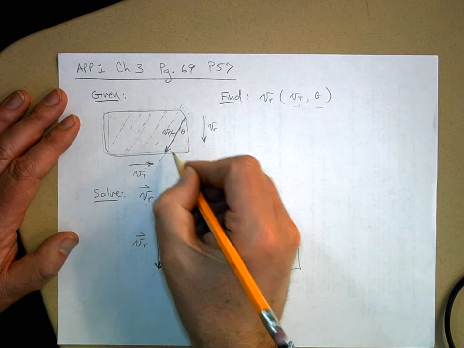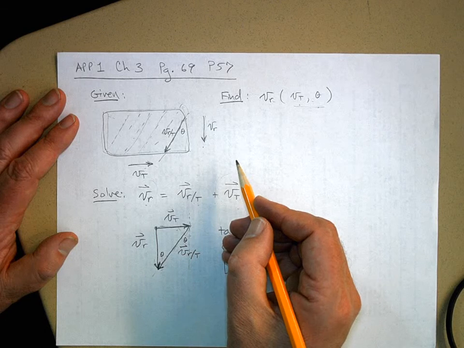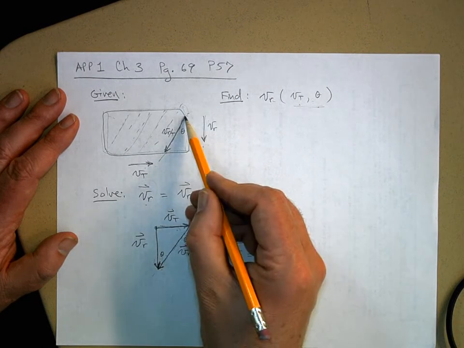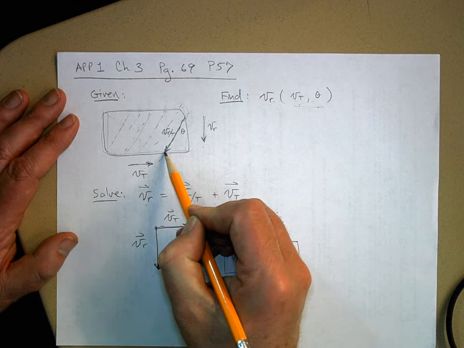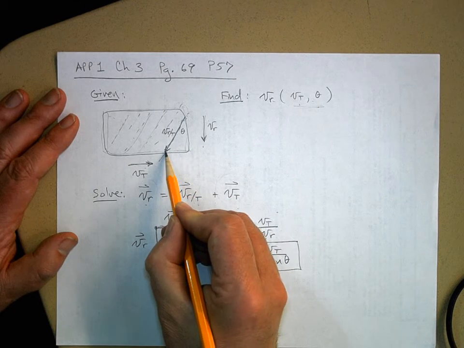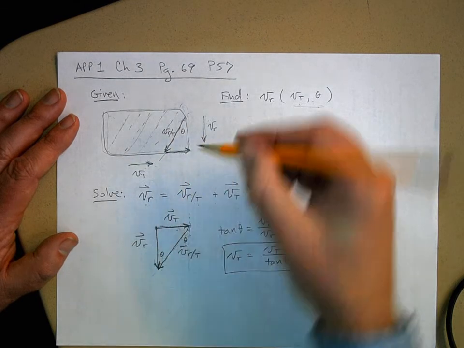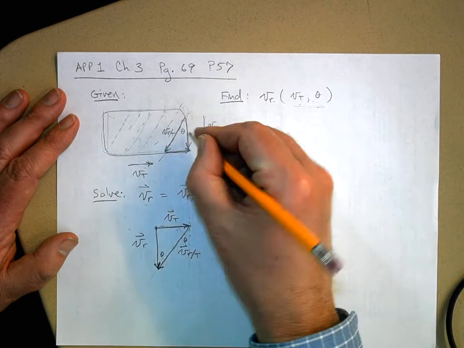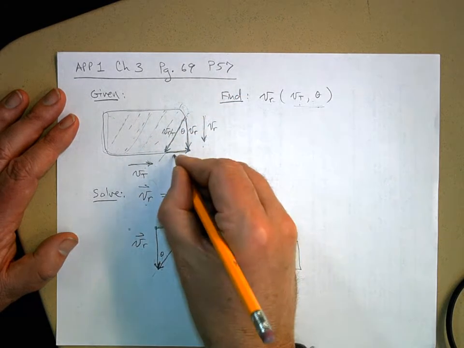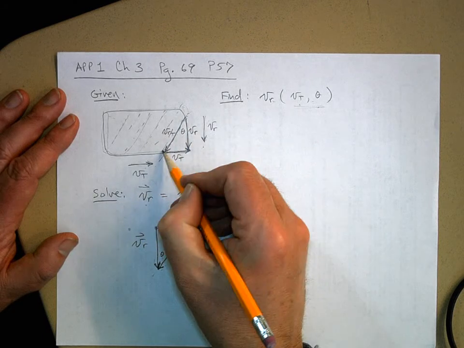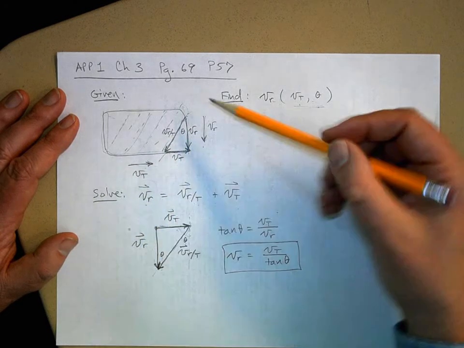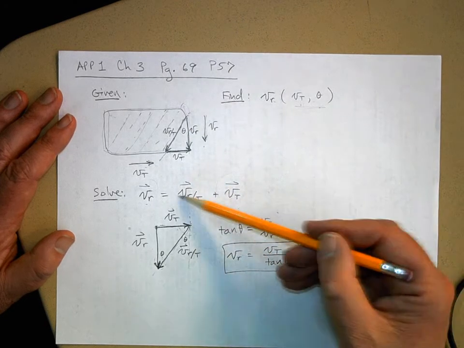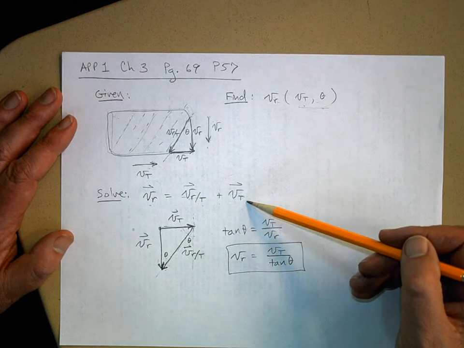And then you said, well, that's going to be plus the velocity of the train is going to be equal to the velocity of the rain. So this vector plus this vector equals this. That's actually a little bit easier than what I did. I just tried to stick with this.